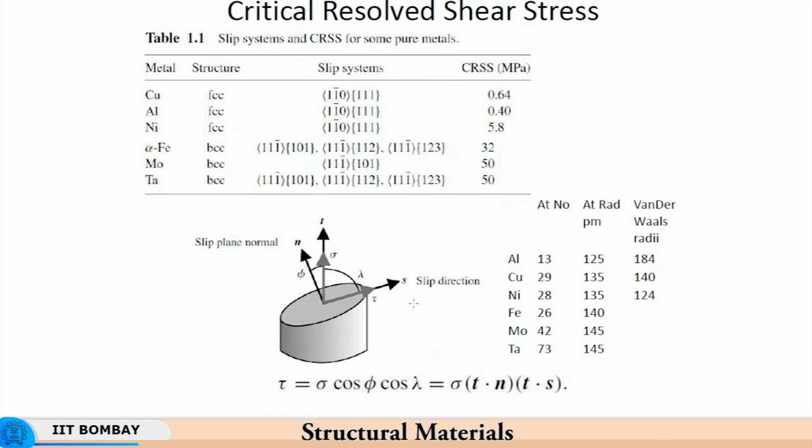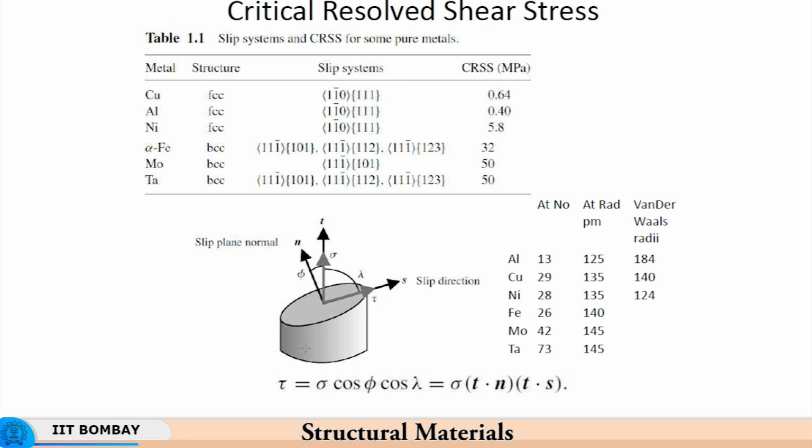And if you maximize this, and you differentiate with respect to one of these angles, say phi, then you will find that sigma cos square phi is the maximum stress. When lambda and phi are equal, you will find that the shear stress is maximum, and therefore what you will find is that the orientation at 45 degrees with respect to the tensile axis will have the maximum critical resolved shear stress.